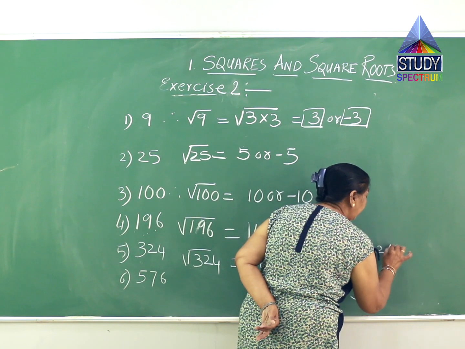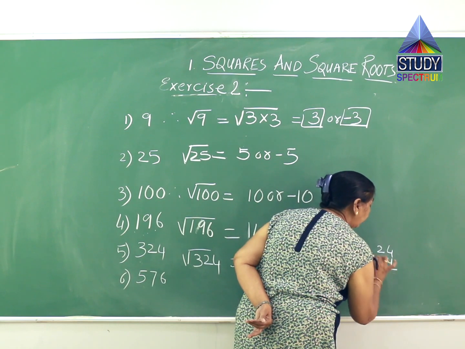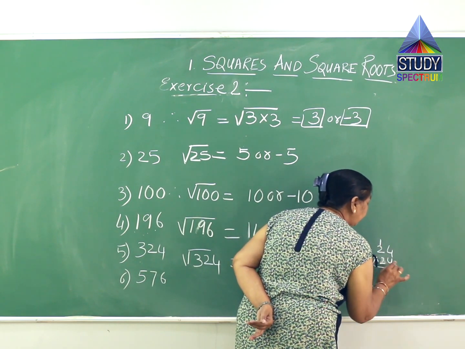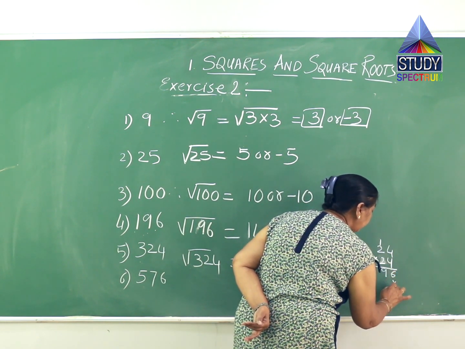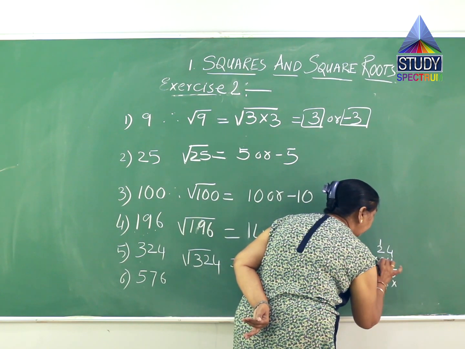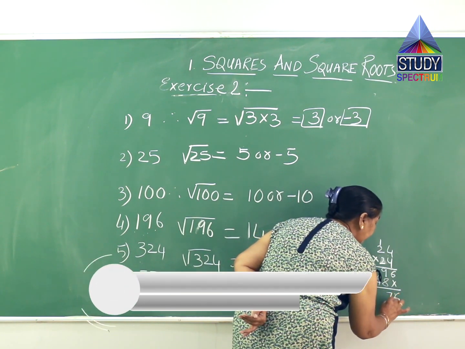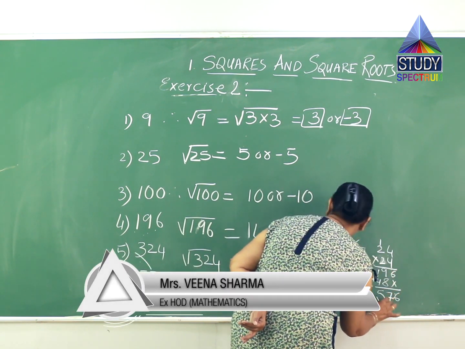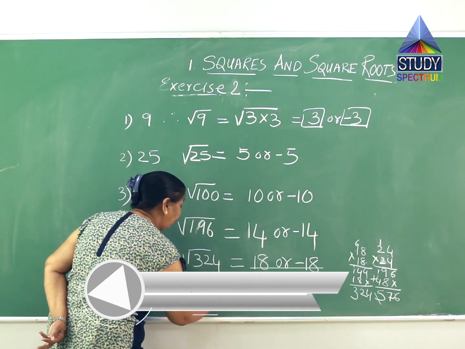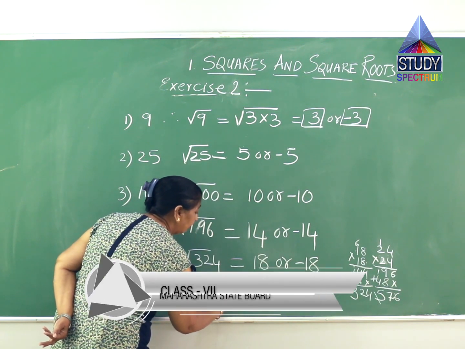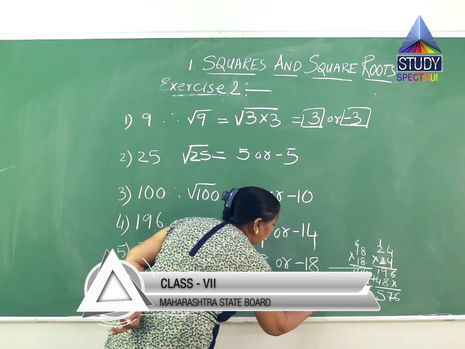So let me try 24. 4 into 4, 16 gives me 1 carry over here, 4 2s are 8 plus 1, 96. Then again 2 4s are 8, 2 2s are 4. When I add this, it gives me 6, 7, 1 carry, and here it's 576. So 24 is the root of 576. Both positive 24 or negative 24 are the root of 576.